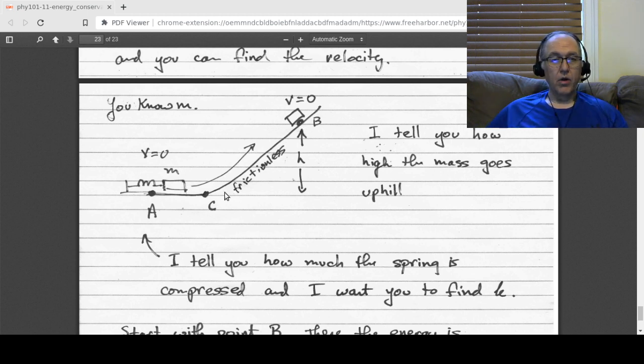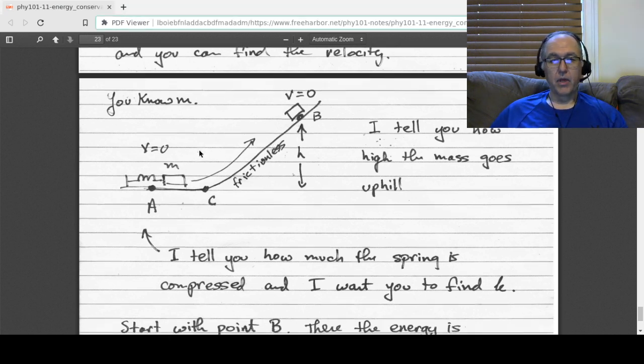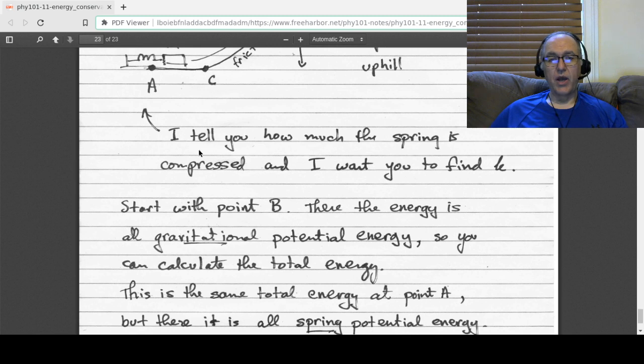And in between, if I asked about a point D, halfway up the hill, what's the energy there? Well, it would be partially kinetic and partially gravitational potential energy, kind of like we saw in our roller coaster example. Okay, so I didn't do any numbers here.